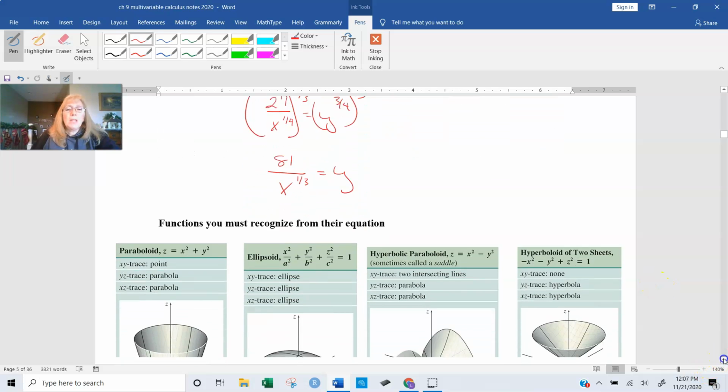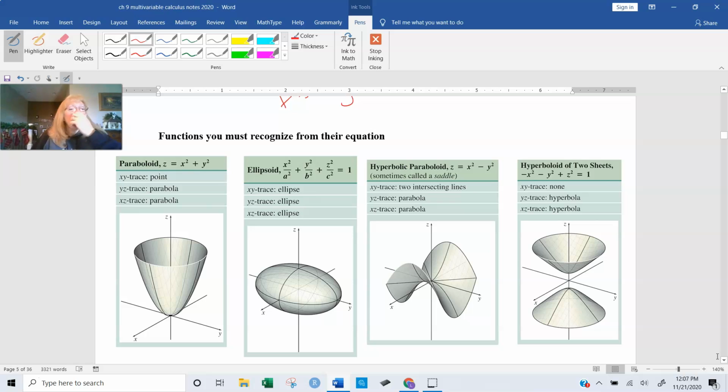All right, these are things you just have to recognize. So if you see an x squared plus a y squared equals your z, that's a paraboloid. If you have x, y, and z, it's going to close and become an ellipsoid. If you have subtraction, remember subtraction was a hyperbola, so this is a hyperbolic paraboloid.